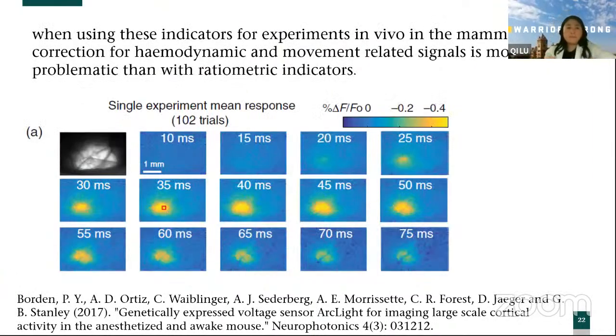When using these indicators for experiments, here's a pretty cool one. We show that they open the scalp of the mouse, then directly observe the voltage change and activities on the cortex of the brain. That's pretty cool.